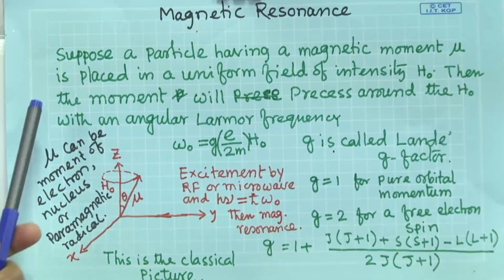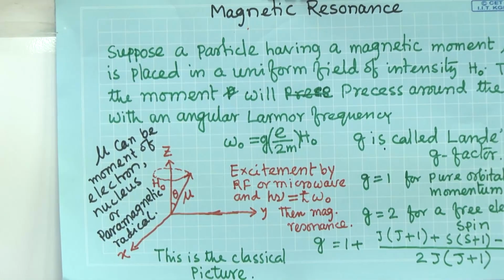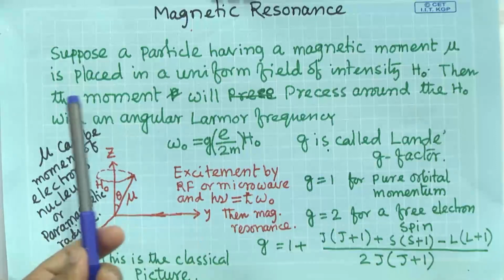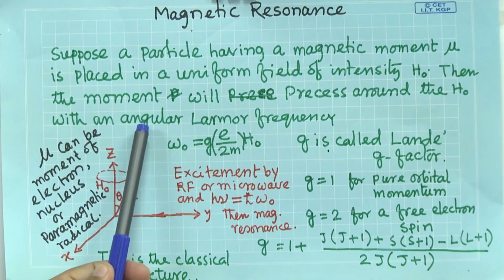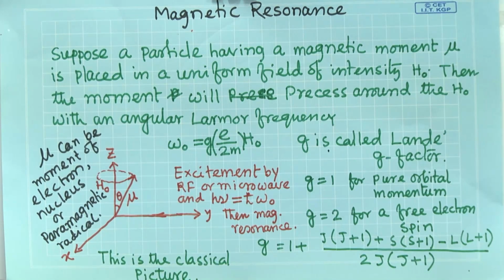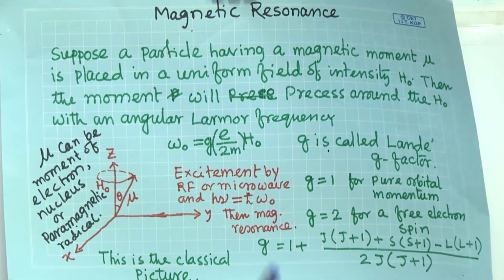Suppose a particle having a magnetic moment mu is placed in a uniform magnetic field of intensity H0, then the moment will precess around the magnetic field H0 with an angular Larmor frequency. That frequency omega 0 will be g e by 2m H0.